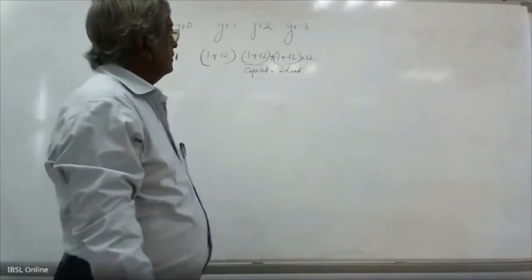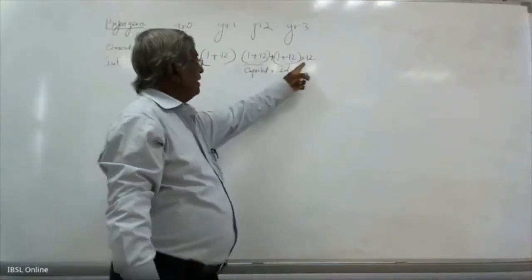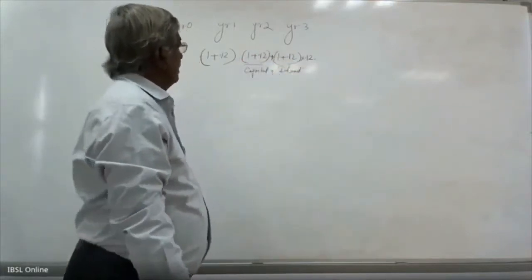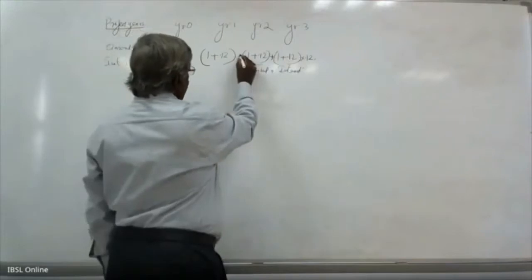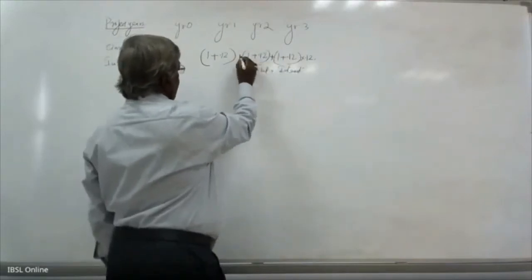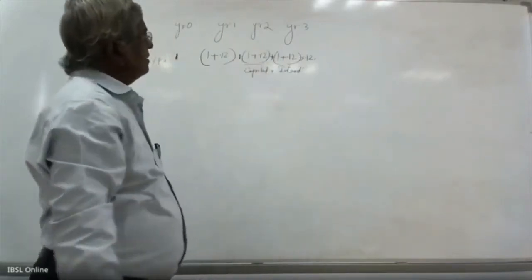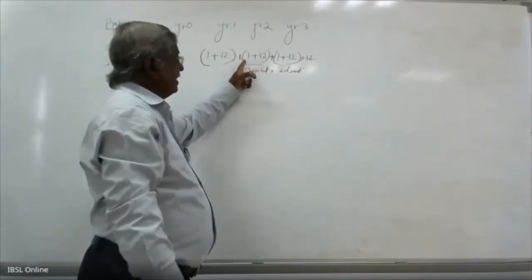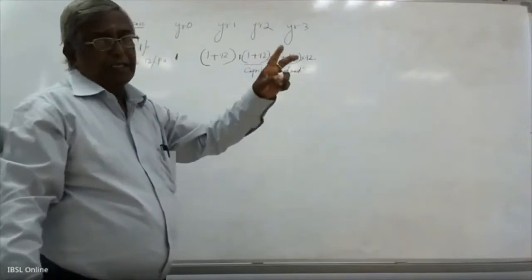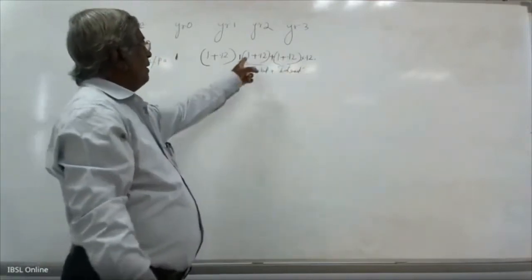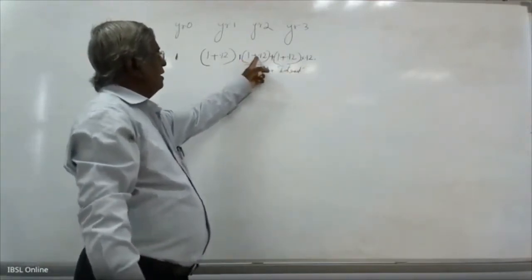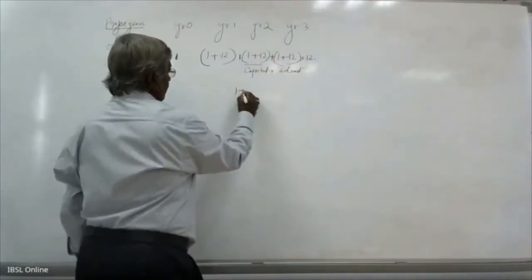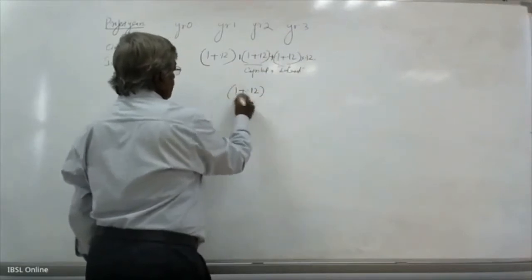Okay. Now we simplify this. If there is 1 just before this, it won't make any change. 1 plus 0.12 into 1 is the same. Now there is a common factor 1 plus 0.12 here and here, you take it out.